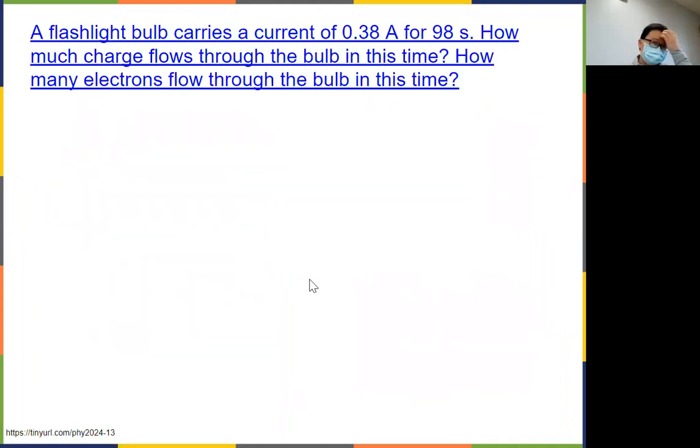We'll take a look at a simple example on how to calculate charge, given current in this case. You're looking for how much charge flows through the light bulb.